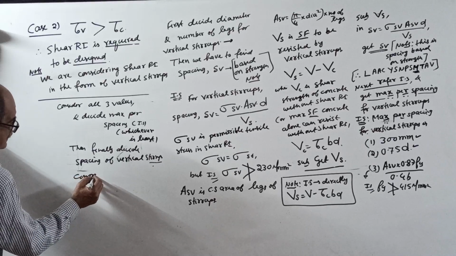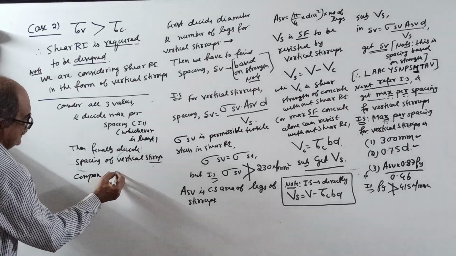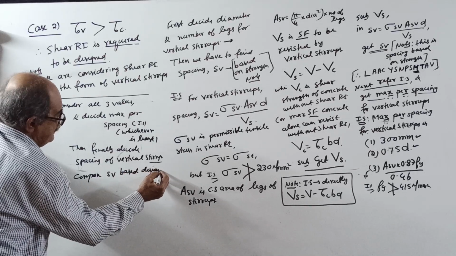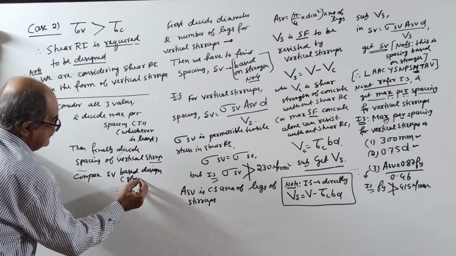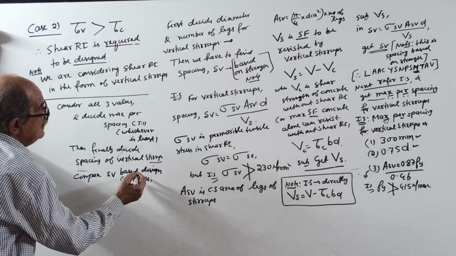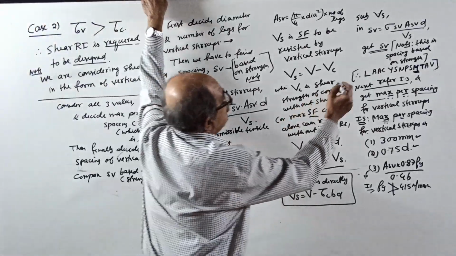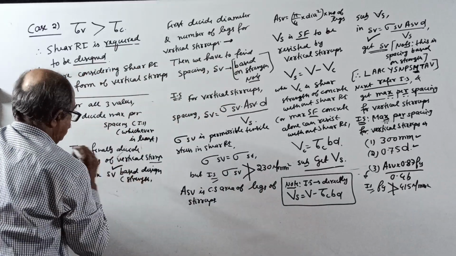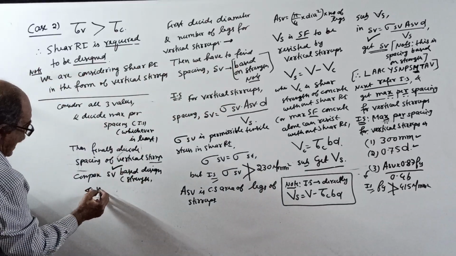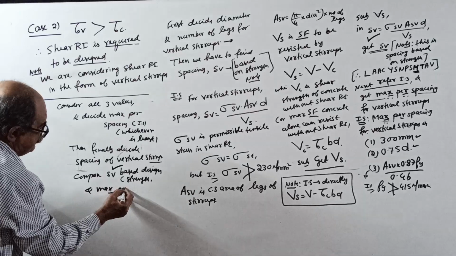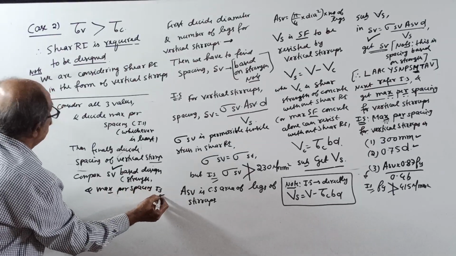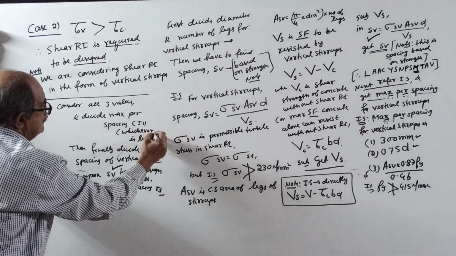Compare the spacing Sv based on design, on strength basis, that is this value, and the maximum permissible spacing as per IS code, that is this value.